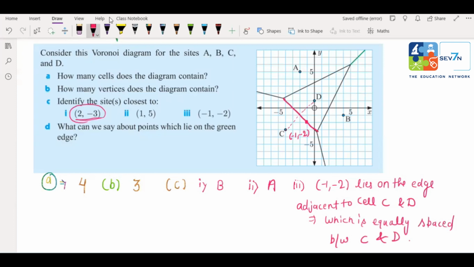If that point lies on the edge, then it must be near to 2 points, but you need to check which perpendicular the point lies on, okay?